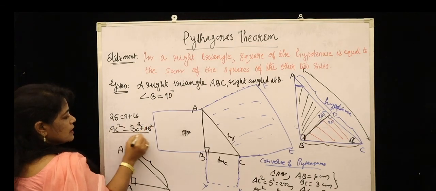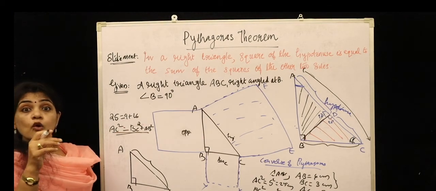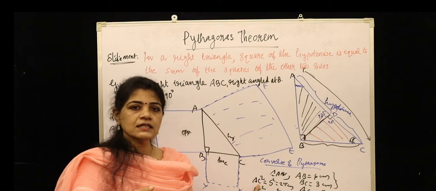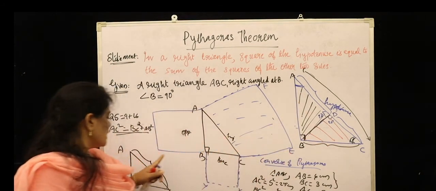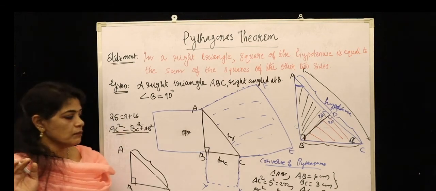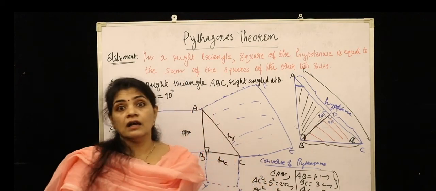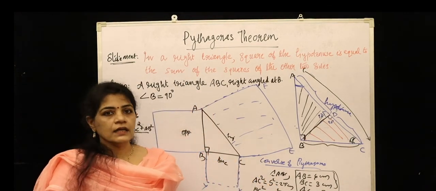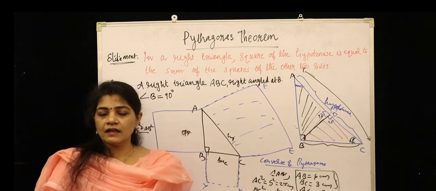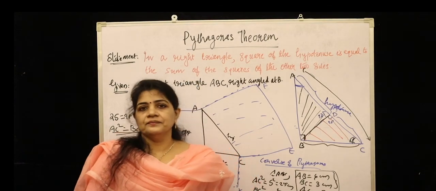This means one of the angles is 90 degrees, the angle opposite to the longest side, which is AC. Here AC is the longest side, so angle B will be 90 degrees, which implies these are the sides of a right triangle ABC. Here comes the application of the converse of Pythagoras theorem.